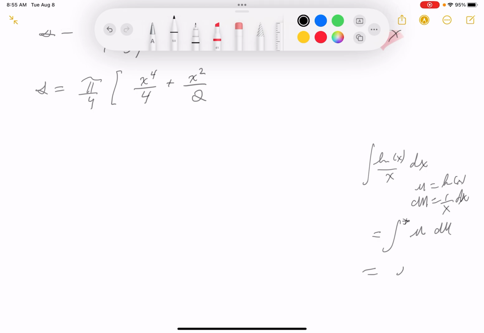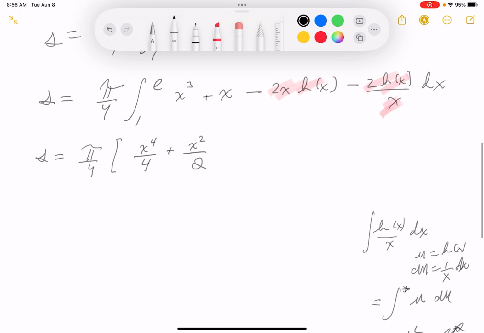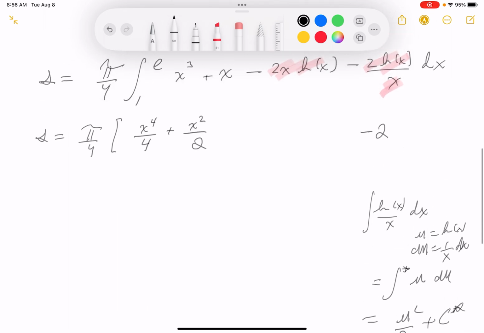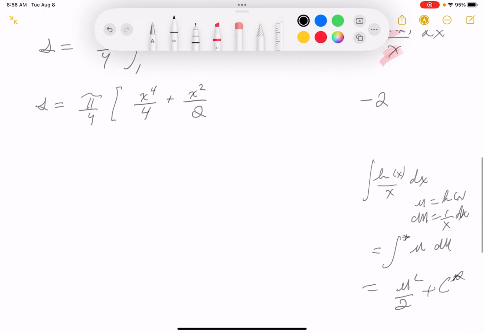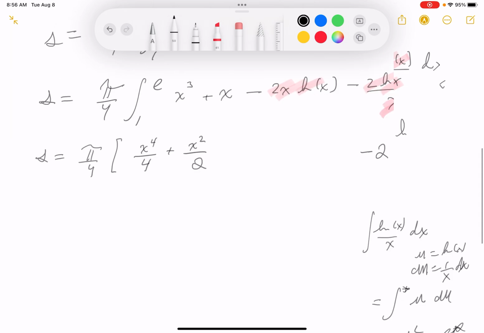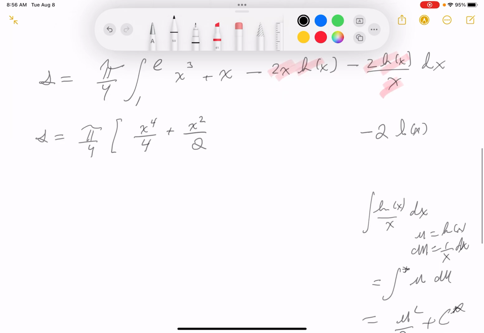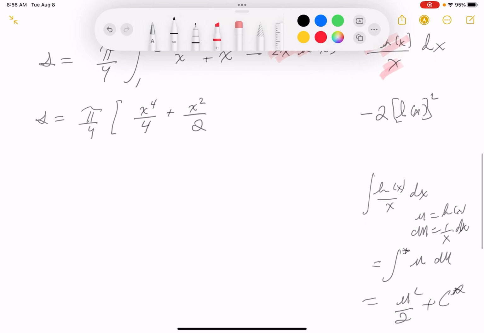So what's it going to give me? u squared over 2 plus some constant of integration. I'm not too worried about the constant at this point. But I think I know the antiderivative of that term over there now. And that's going to be minus 2, and u is ln x, squared over 2, right? I'm going to erase that 2 now.